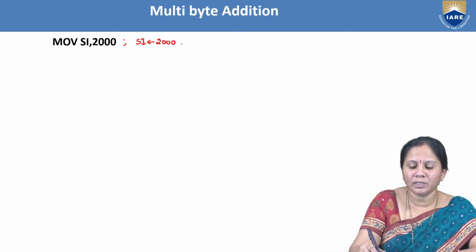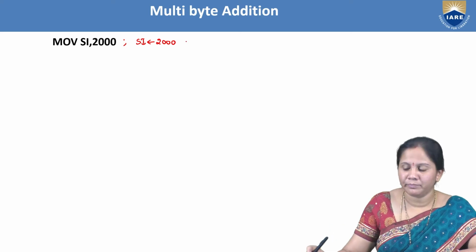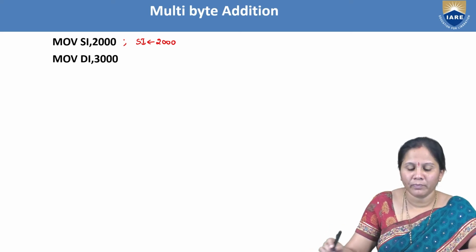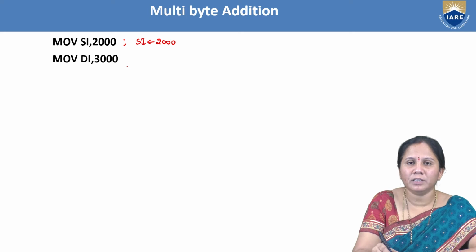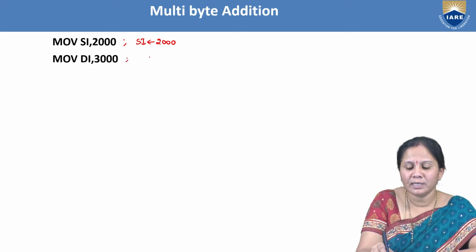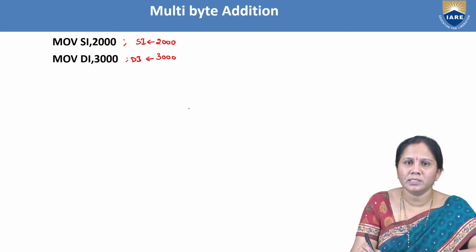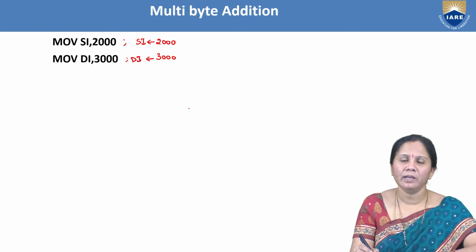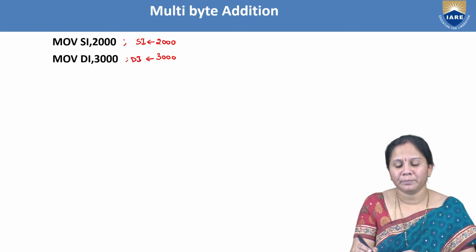So in this 2000, we can take one input. And next, MOV DI, 3000. It represents that the 3000 value will be moved into the DI register. DI register means destination index register, where we can see the output.